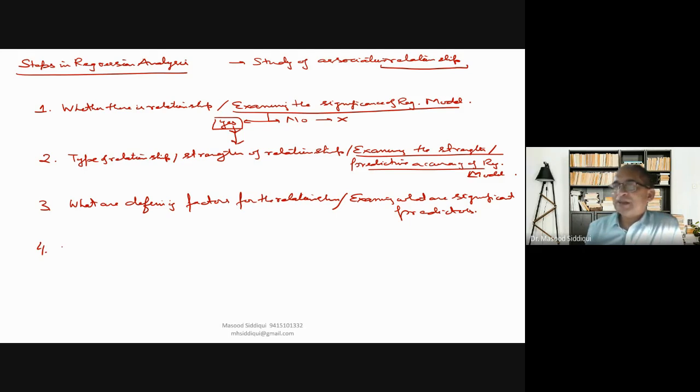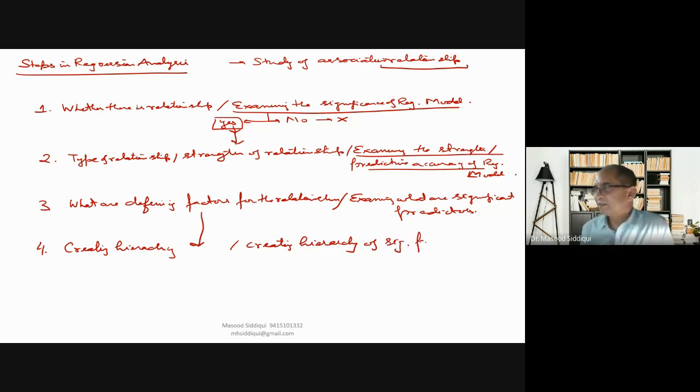So the next step is creating a hierarchy of factors for the relationship, or we can say creating a hierarchy of significant predictors. Means only those predictors that come out to be significant are put in the hierarchy, which one is at the top and which one at the bottom and so on.